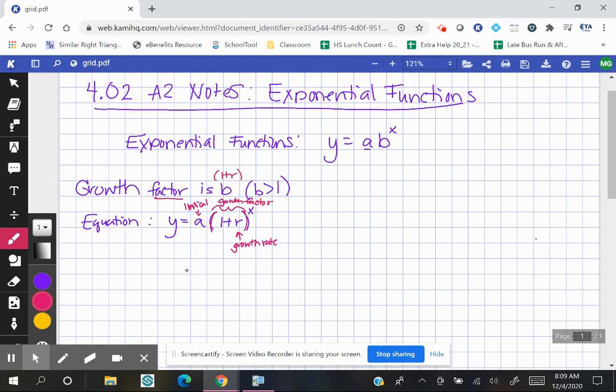So the growth factor is just 1 plus r. If you know the rate of increase, then b is equal to 1 plus r. So you're just substituting in 1 plus r in for b right there. And that's your growth factor. And this would be your rate of increase.